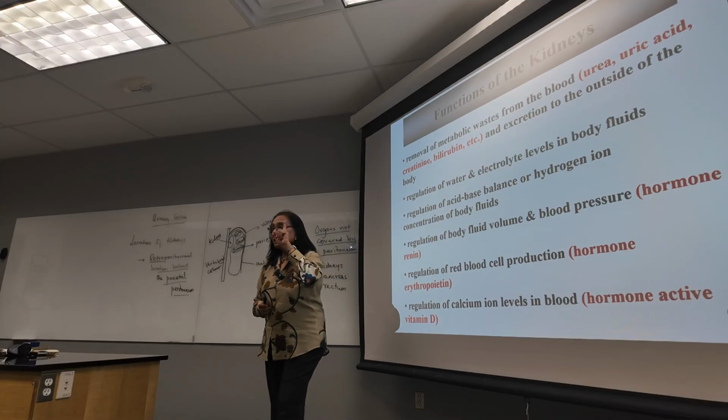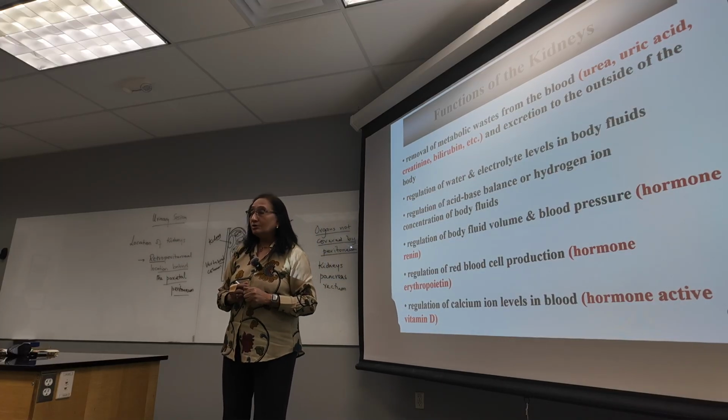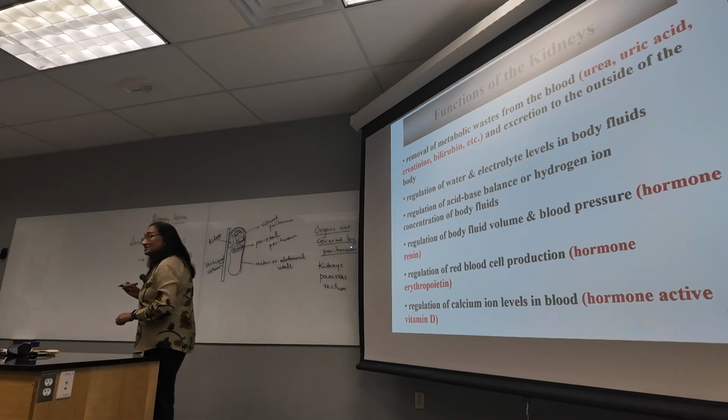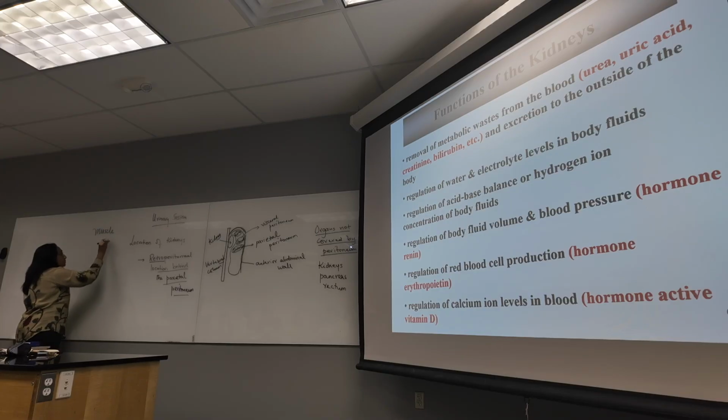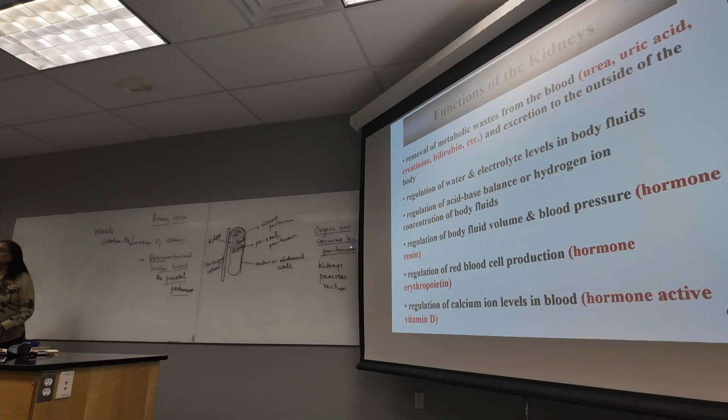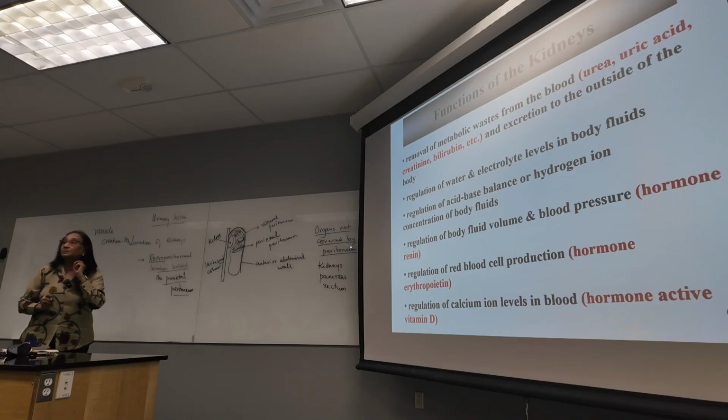Creatinine. Now, creatinine is the breakdown product of muscle creatine. Your muscle, especially skeletal muscle, has this compound called creatine phosphate, which allows for quick bursts of ATP.